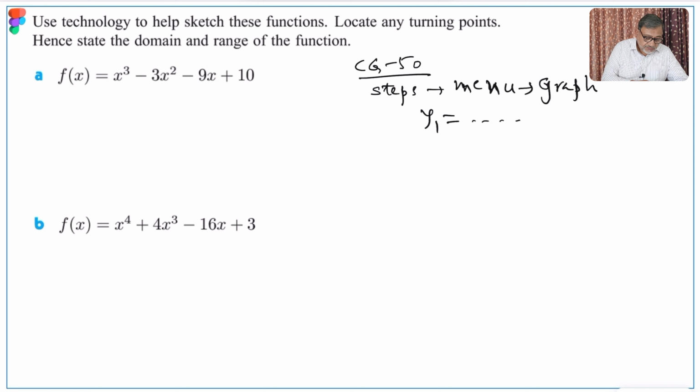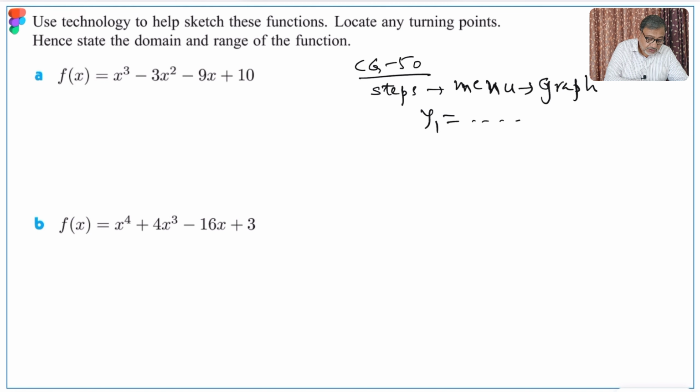Now this graph needs a window setting. I have to change the window setting. View window, it can be anything, so let me take negative 100, positive 100, something like that, negative 50, positive 50, and let me see the graph now.